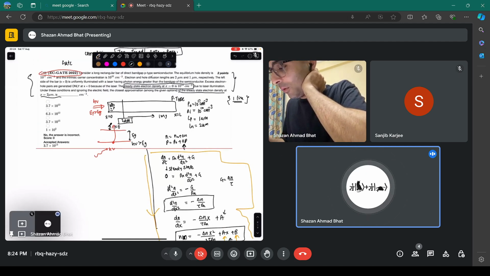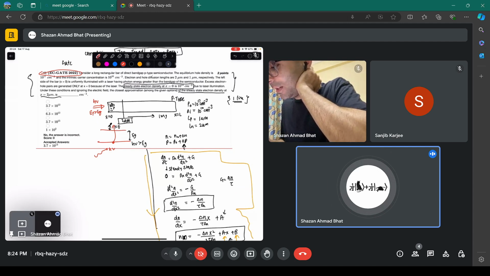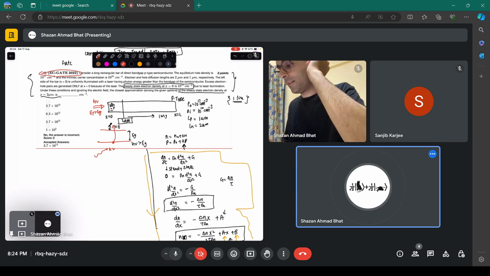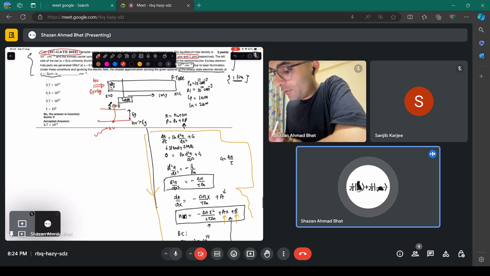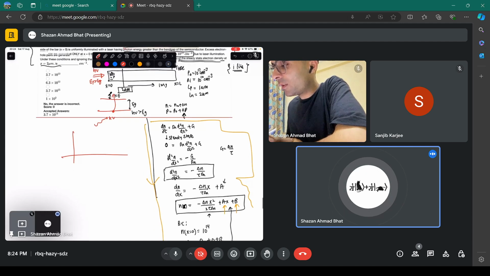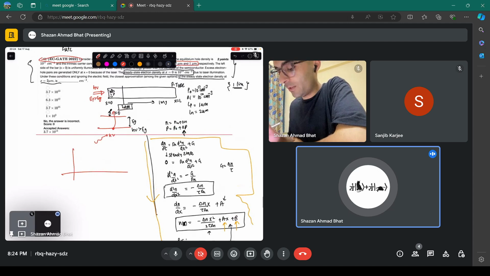But people omit the information which is usually given in the questions. Let's say in this question it was given that the electron and hole diffusion length is this. You know diffusion length is the length where the concentration falls to 1 by e of the initial value.